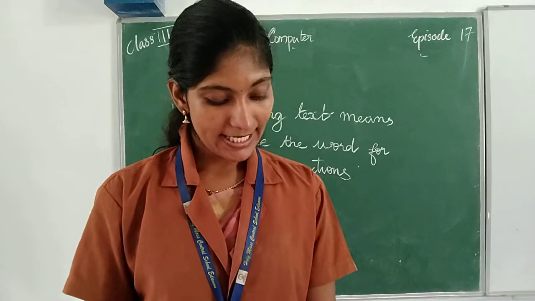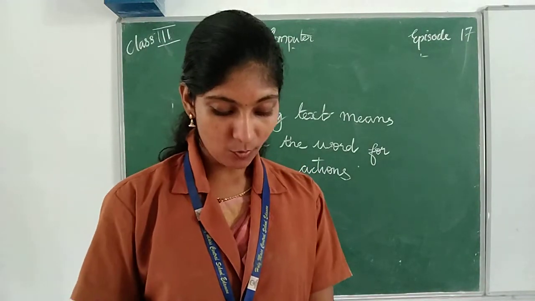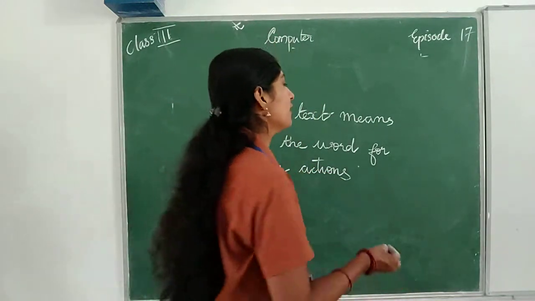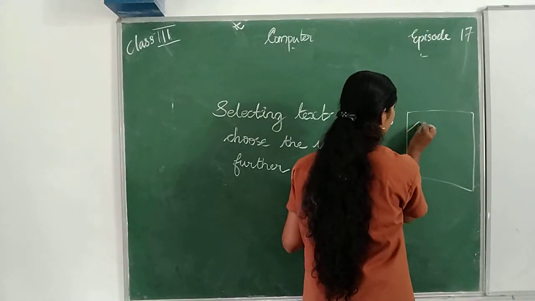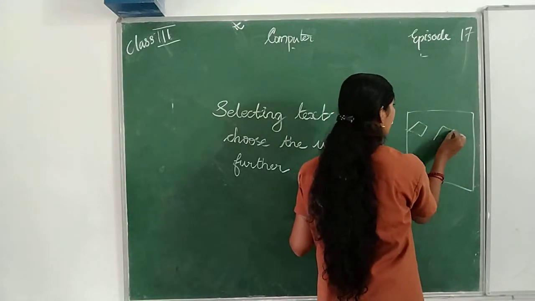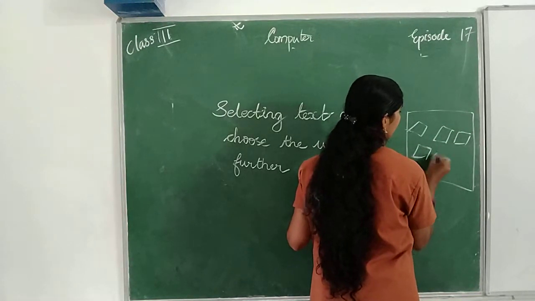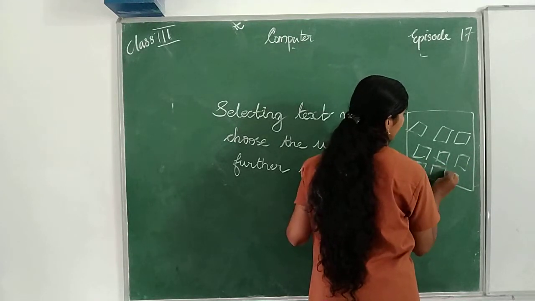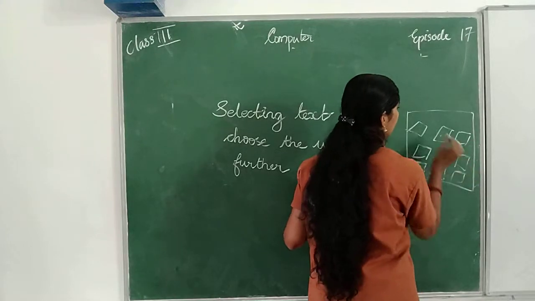Then selecting the text is just like selecting any one book from the bookstore that you want to read. For example, if there are 10 books, 1, 2, 3, 4, 5, 6, 7, 8, 9, 10.